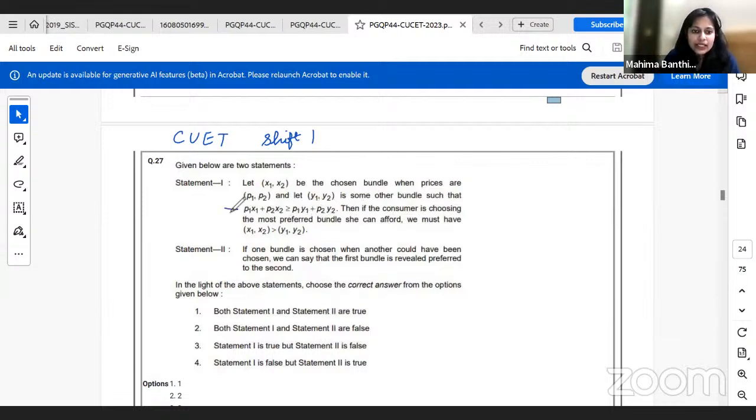This statement pretty much says that y1, y2 is also affordable when x1, x2 is chosen, right? All right, then if the consumer is choosing the most preferred bundle she can afford, we must have x1, x2 is preferred to y1, y2. So this is true because if you're choosing a bundle, that means it is the most preferred out of all the options that are available. y1, y2 is available, but x1, x2 is chosen. So x1, x2 has to be preferred over y1, y2.